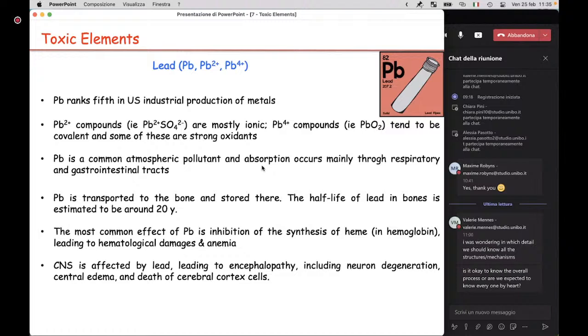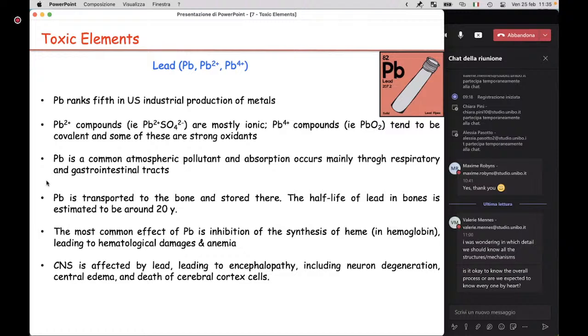Of course, the smaller the amount of lead, the longer it takes to develop toxicity. But it is mostly frequent in the air, in the atmosphere, and absorption happens as a consequence through the lungs.